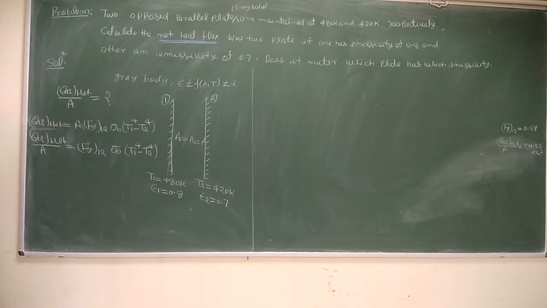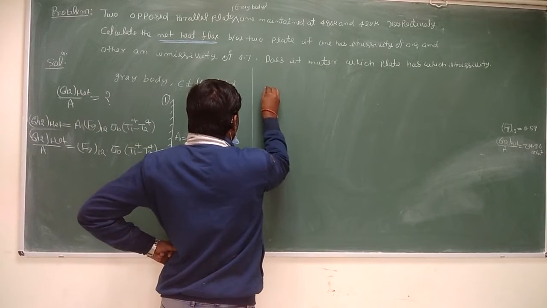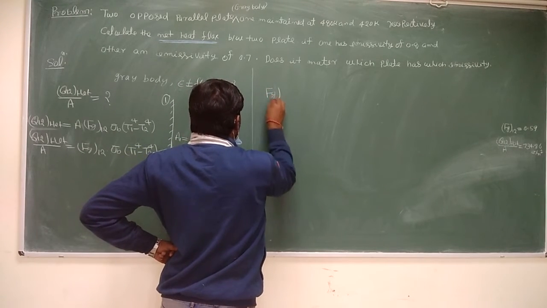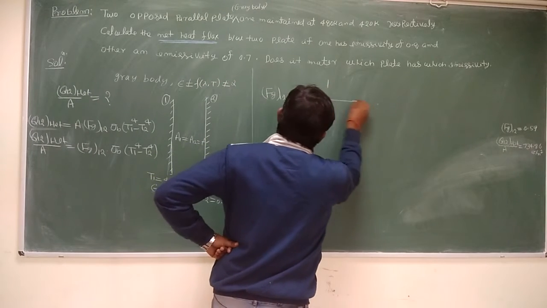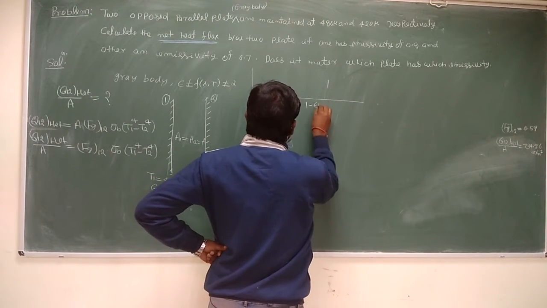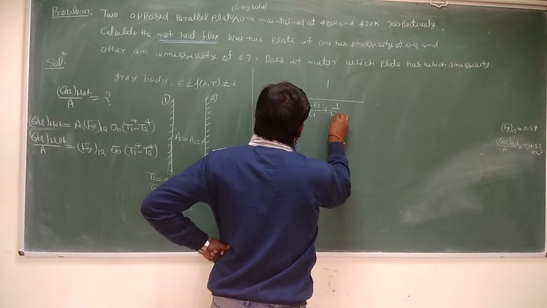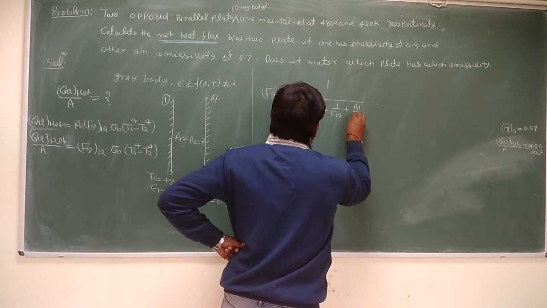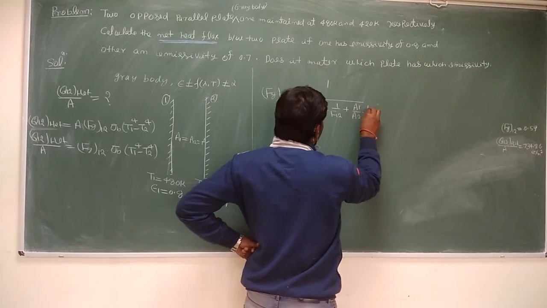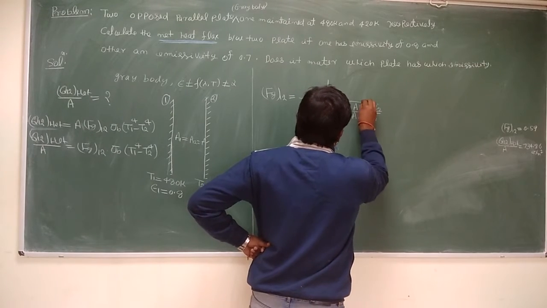So first of all, calculate the gray body factor. The gray body factor Fg12 is given by 1 upon (1 minus epsilon 1 divided by epsilon 1, plus 1 upon F1 to 2, plus A1 divided by A2 into 1 minus epsilon 2 divided by epsilon 2).